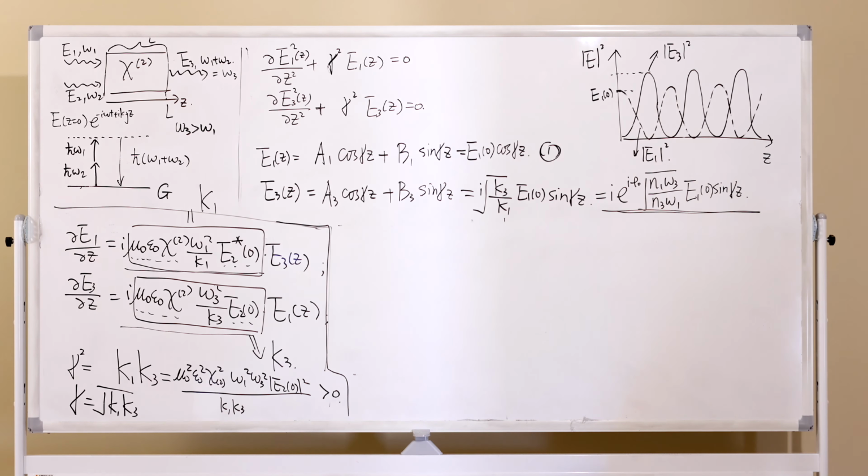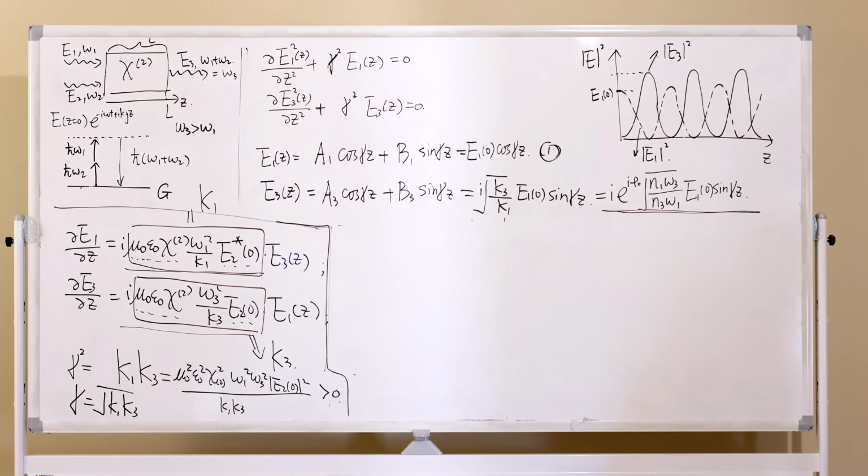If you look at the physics process here, what is really happening in sum frequency generation is that you have a photon of omega 1, and then you have another photon of omega 2, and then you generate an omega 3.